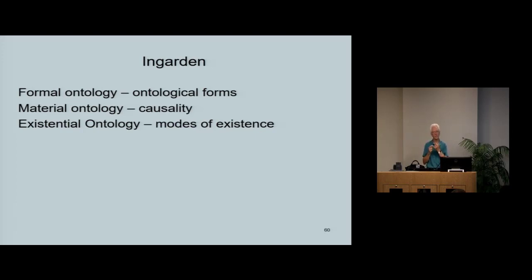Existential ontology is about the difference between dependence and independence, and unity and disunity. Material ontology is primarily about causality and the realm of the cause. And then formal ontology is about part, whole, and the like. And it's a very, very detailed working out of Husserl's original ideas about ontology, but extended into quite new areas.